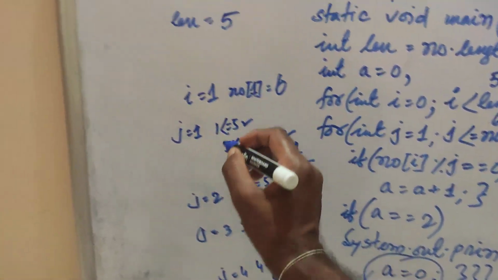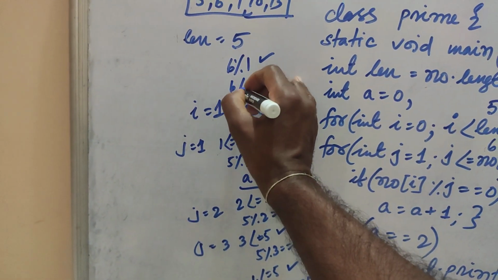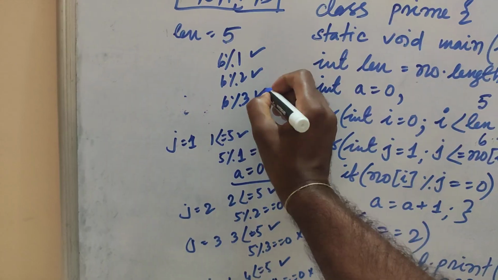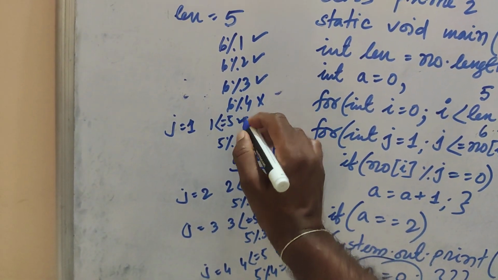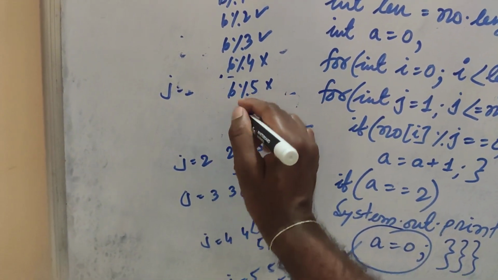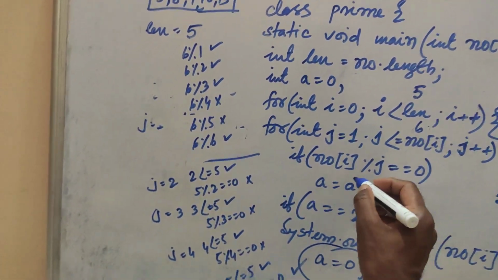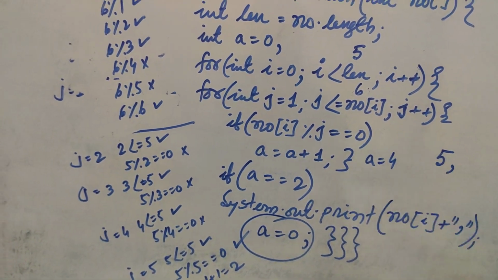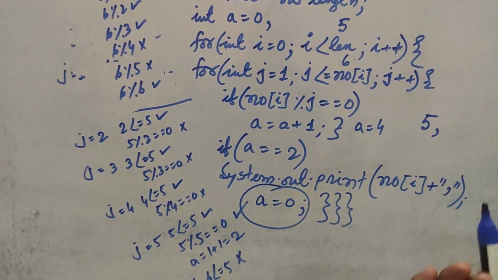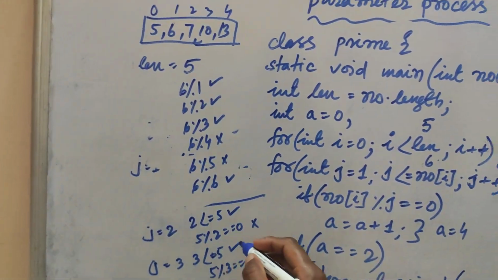You also know 6 is divisible by 1, one time true. 6 is divisible by 2, two times true. 6 is divisible by 3, 6 is not divisible by 4, 6 is not divisible by 5, 6 is divisible by 6. So how many times is it true? 4 times. So a will be 4. Then 4 equals 2 is false. The computer will not display. a equals 0.